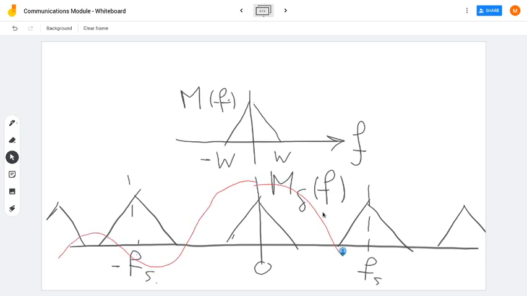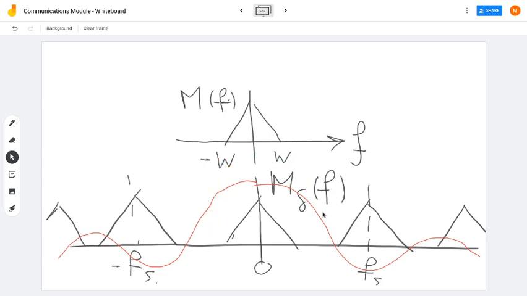So let's try to draw the sinc function using the red color over here. This sinc function will be multiplied with the spectrum of m delta of f, which will basically distort the shape of the spectrum. That's why it's not simple to just put in a low-pass filter in order to recover this message.